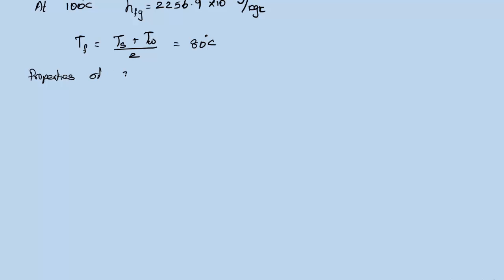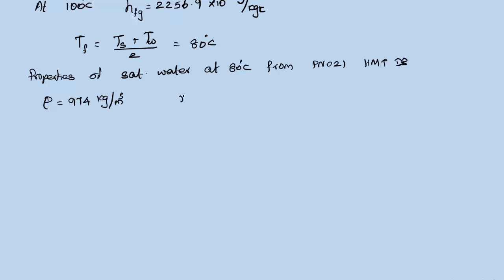Properties of saturated water at 80 degree Celsius from page number 21 of HMT data book. The values are, density value is 974 kilogram per meter cube, and the nu value is 0.364 into 10 to the power minus 6 meter square per second.